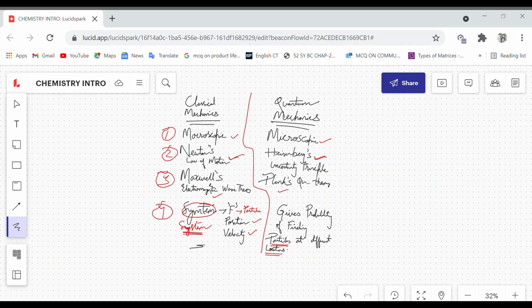So now we have got around 4 points. So now let's move on to Heisenberg's uncertainty principle.